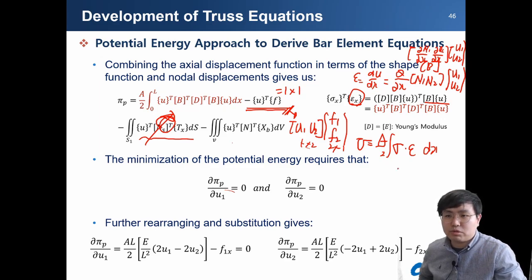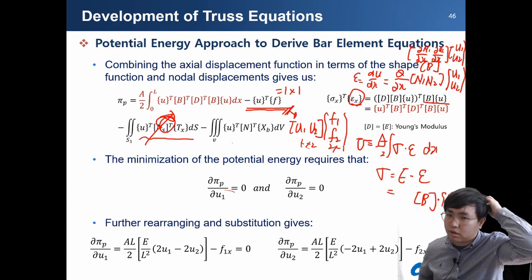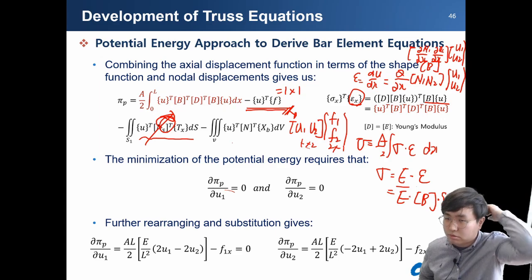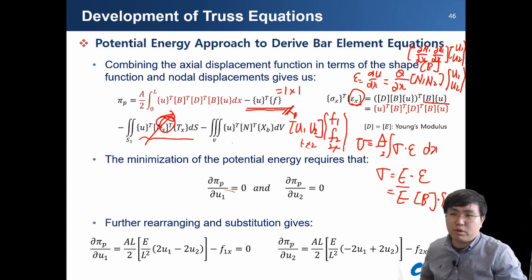And also stress. Stress is the multiplication of Young's modulus and strain. We already know that this strain becomes the B matrix multiplied with the displacement vector. Regarding Young's modulus, at this stage we have one-dimensional cases, so we can say that E itself is a scalar. However, when you consider other dimensional cases, Young's modulus must change to some other matrix, a stiffness matrix. But we just think of this as a scalar.